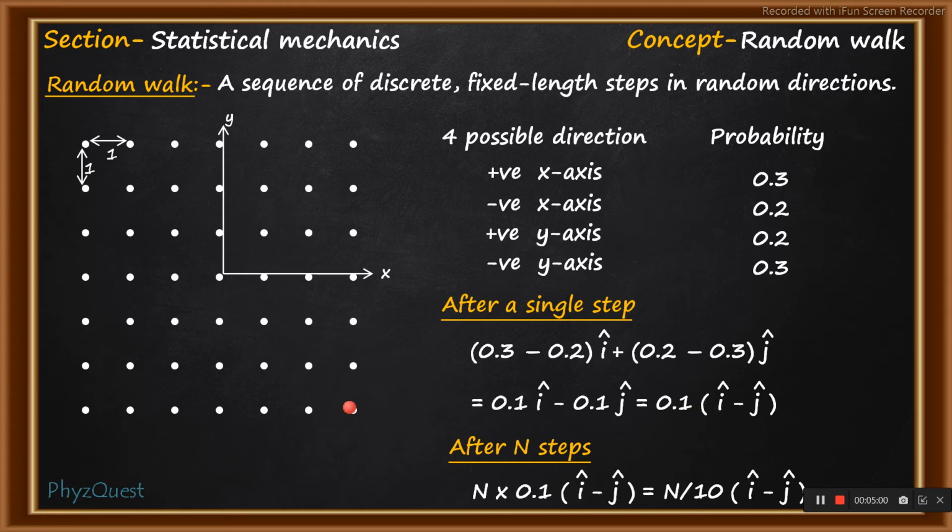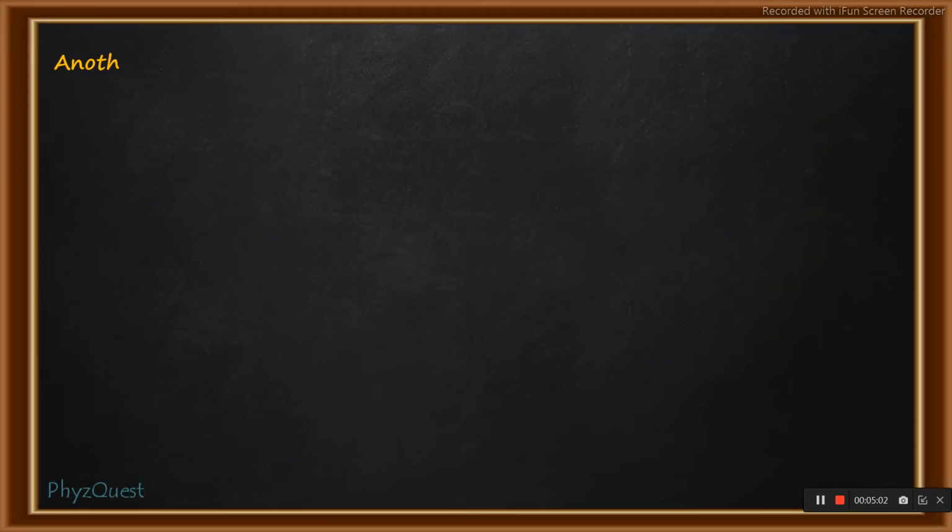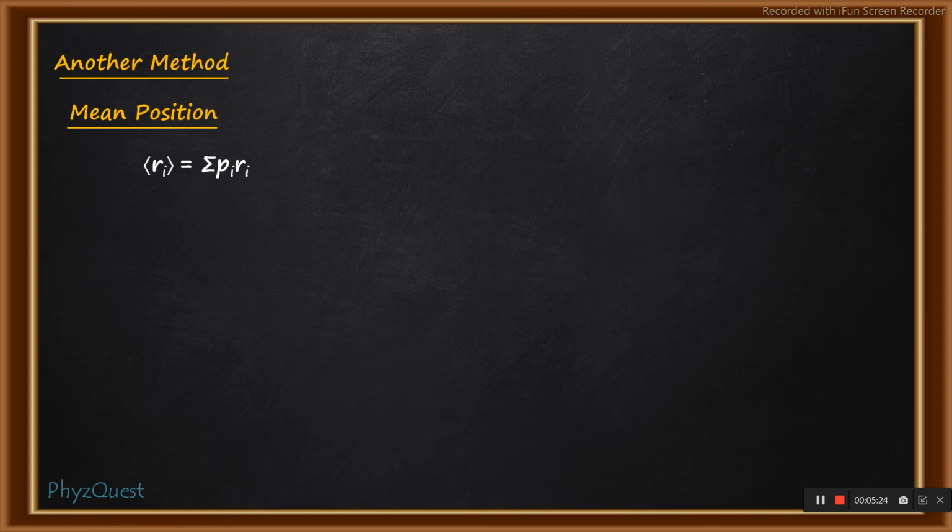Now there is another method which you can proceed with. There is a direct formula by using which you can calculate the mean position of the particle for random walk. So instead of doing this, you can use a direct formula. The formula for the mean position is given as R bar, which indicates the mean position, equal to summation over Pi Ri.